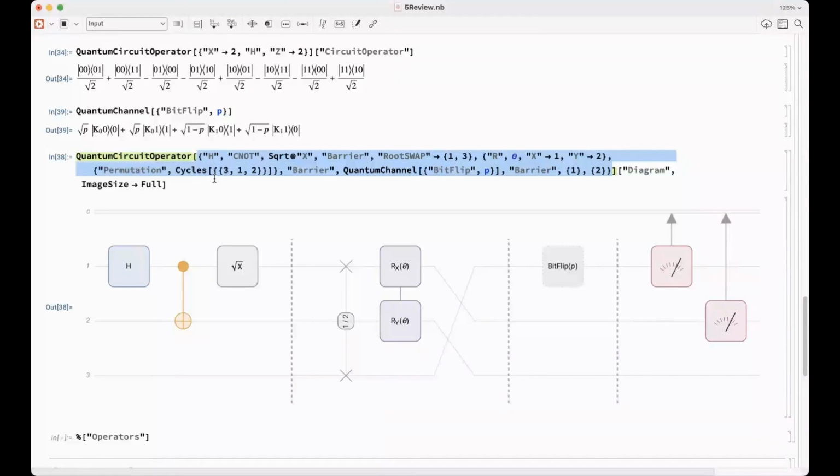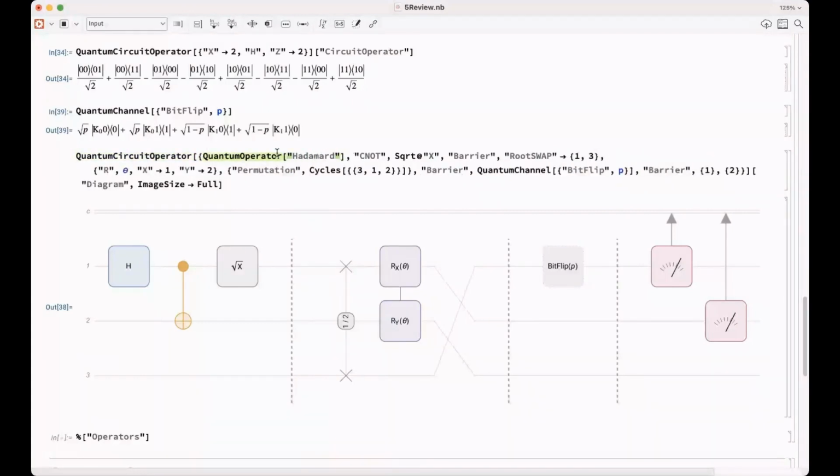For example, nothing is wrong if you literally type quantum operator and then Hadamard, but you don't need to do that. It's exactly the same thing. We automatically wrap each of those named operators by quantum operator, and we take care of all the ordering and everything else that should be done.